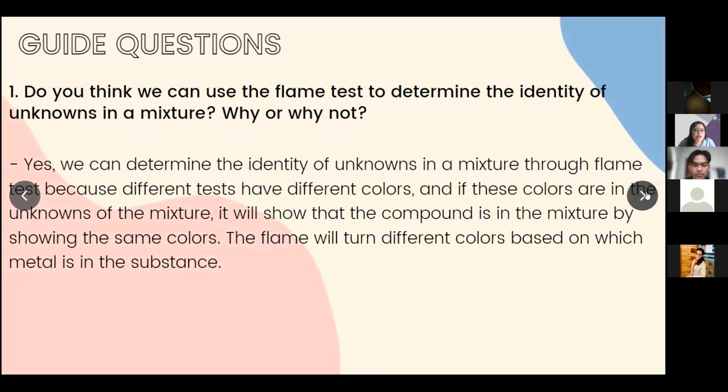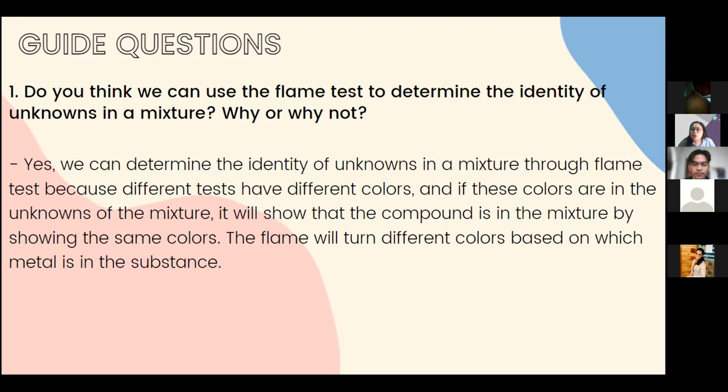Okay, let's go to the guide questions first. Do you think we can use the flame test to determine the identity of the unknowns in a mixture? Why or why not? Your answer here is correct. Yes, as I said a while ago, the flame test is most likely used for identification of our ions or even our metals in a solution.